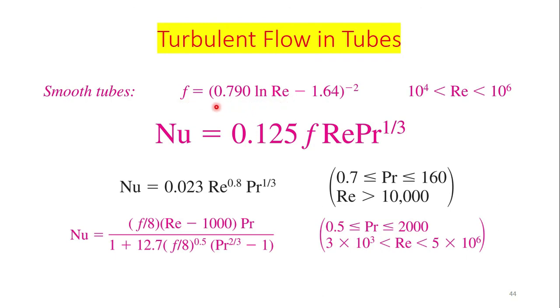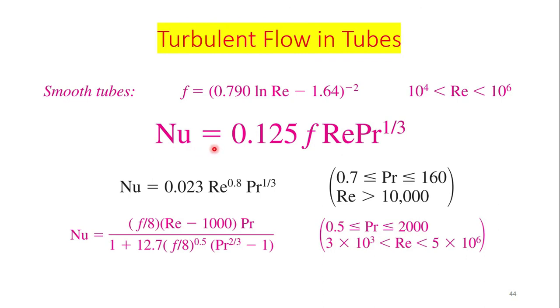You can use this expression for smooth tubes if the Reynolds number is between 10 raised to the power 4 and less than 10 raised to the power 6. After using this expression, you can put the value of the friction factor in this expression, and you will have the value of the Nusselt number.